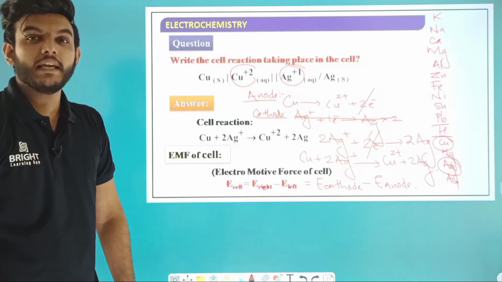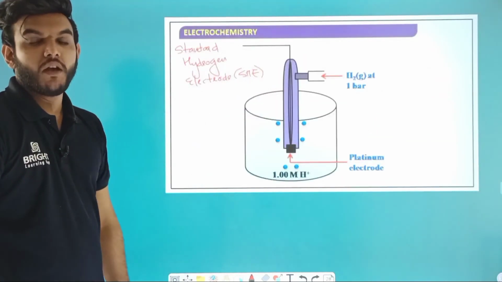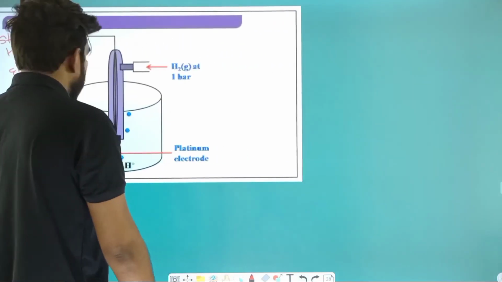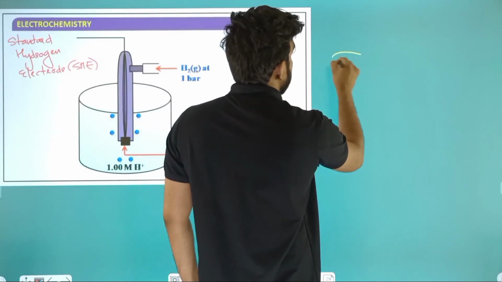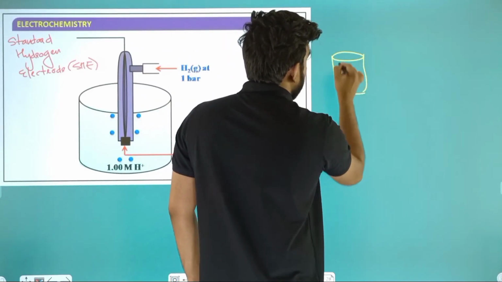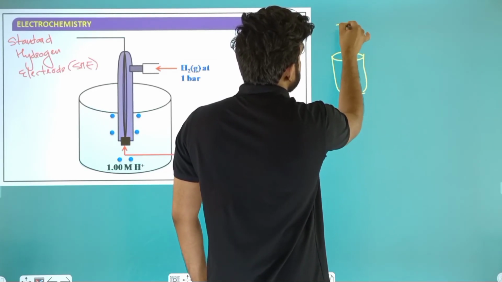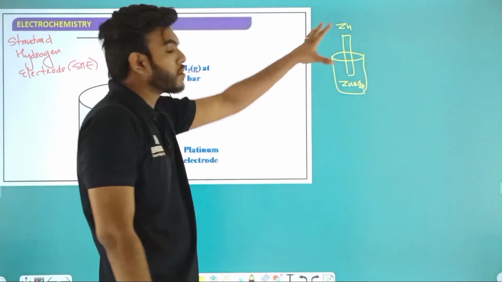How to find that E? The E you can find only by connecting with what? By SHE. For example, in the case of a galvanic cell, you are considering there is an anode here. For example, if you are considering zinc immersed in zinc sulfate, you have to find the electrode potential of the zinc.